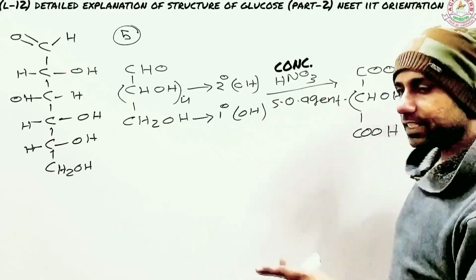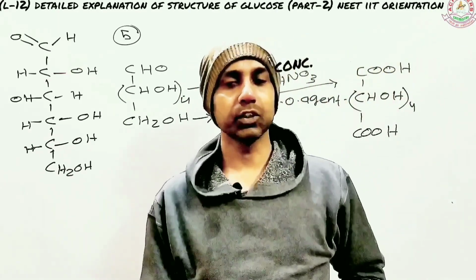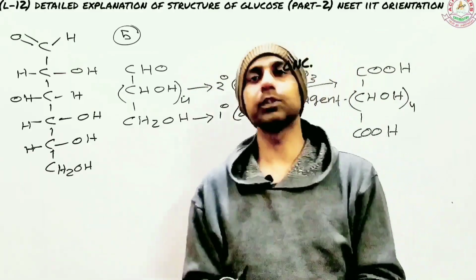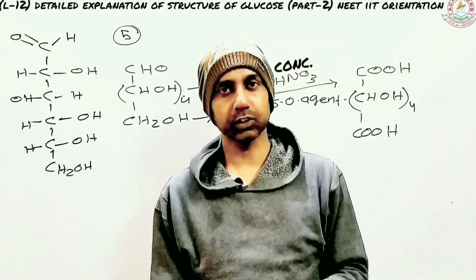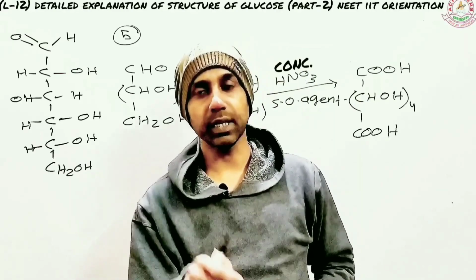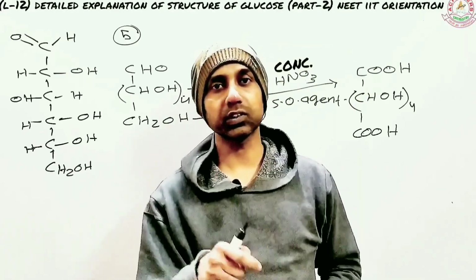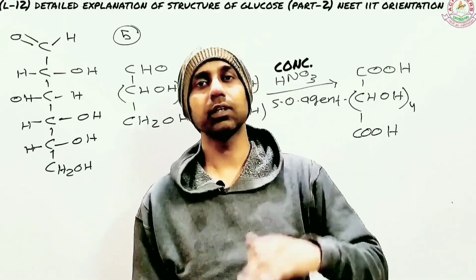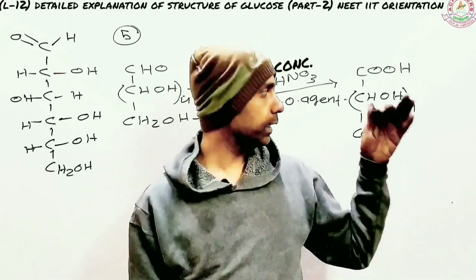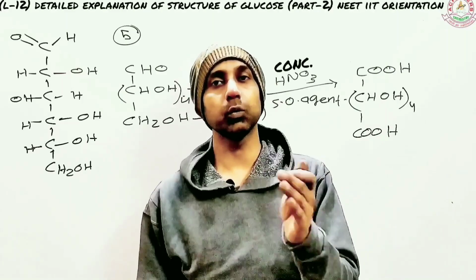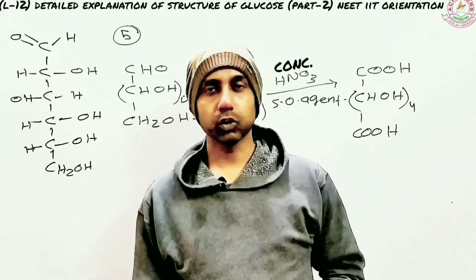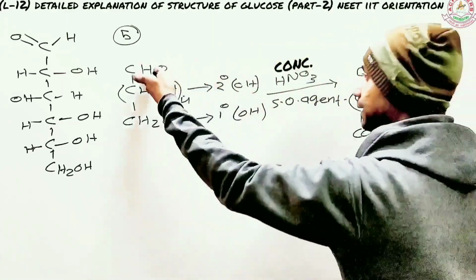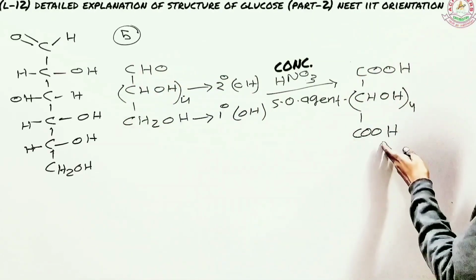So this reaction proves that it has an aldehyde group, which was already proved in the previous reaction, but this also proved that it has a primary alcoholic group, which is on the first carbon from the bottom. So this proves that the first carbon from the bottom has a hydroxy group, because it can only oxidize a primary alcohol into carboxylic acid, right? So not only the aldehyde but also the primary alcohol has converted into carboxylic acid.